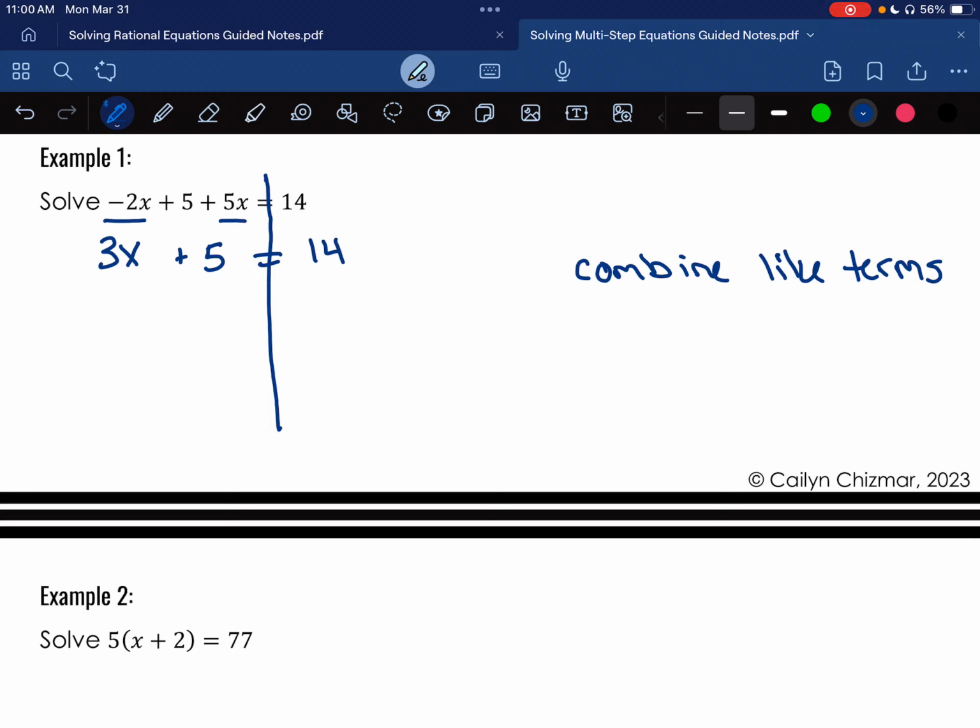All right, well now we need to undo this addition, right? Since we're working in that reverse order of operations, we take care of any addition or subtraction first. So I would subtract 5 to cancel with this plus 5. But if I do that on the left side, I have to do that on the right side as well.